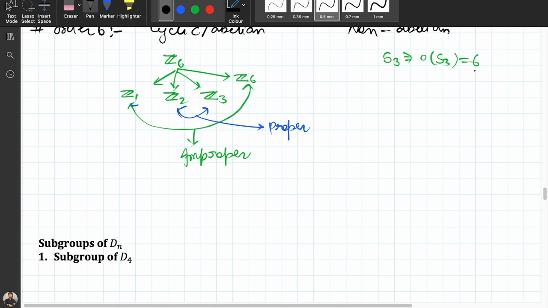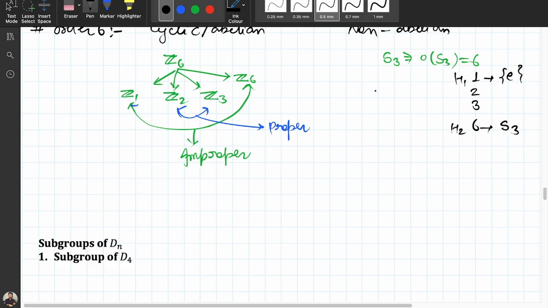Now what about S3? What is the order? The divisors are 1, 2, 3 and 6. It has a subgroup of order 1, that is known as identity. Order 6, that is S3 only. Now I can consider H1, H2. These are both improper.